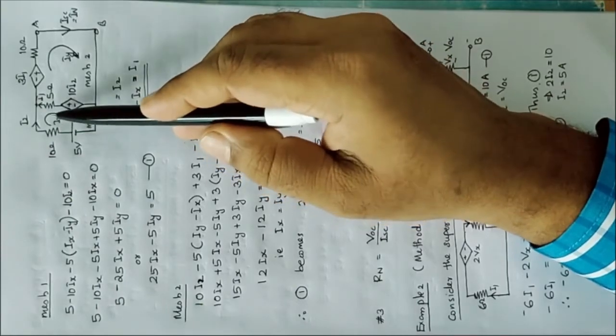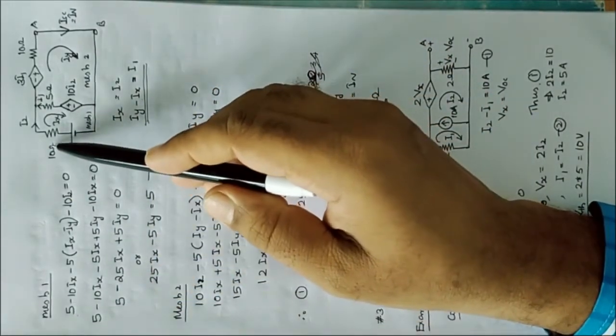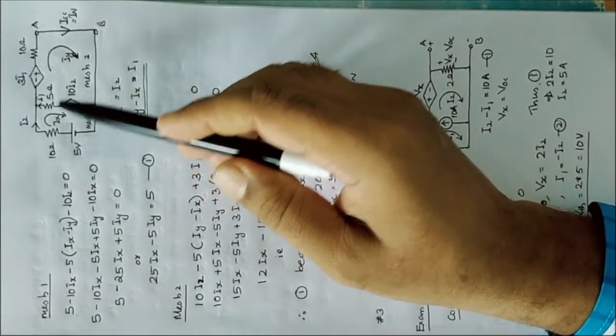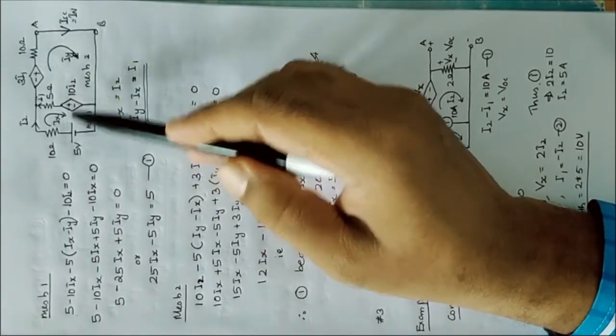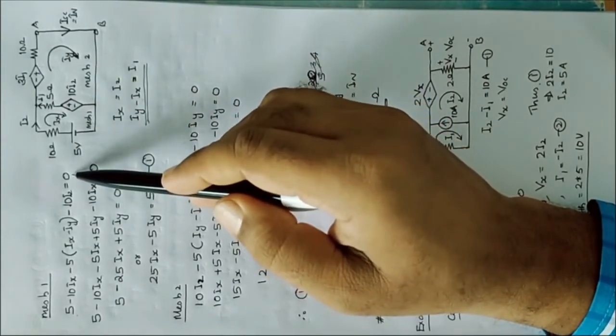Considering the mesh 1 equation, it can be written as 5 minus 10 Ix minus 5 (Ix minus Iy) minus 10 I2 is equal to 0.